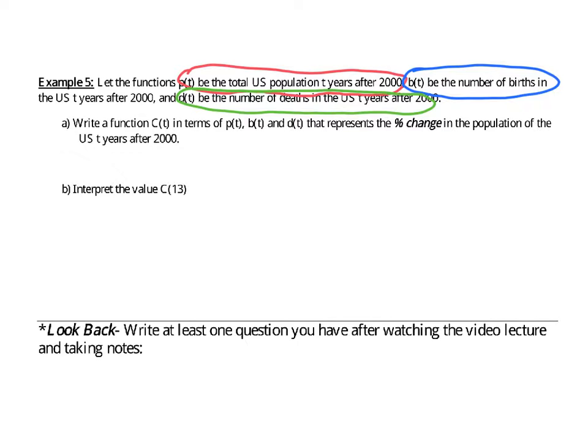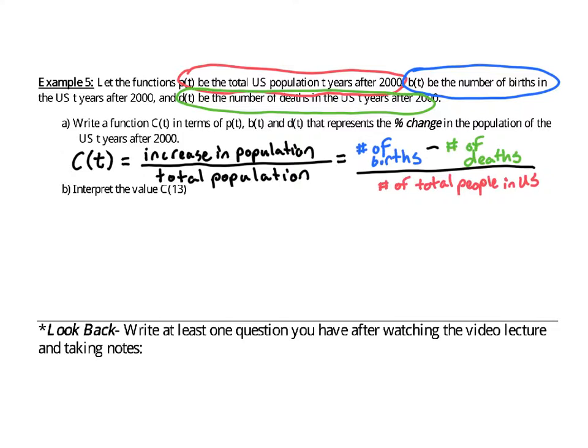given year after 2000. First, I will start by showing you a verbal interpretation of the percent change. Well, in order to get a percent, we must have a fraction or a ratio of some sort. In the numerator, we must put the increase or decrease in the overall population in that given year.